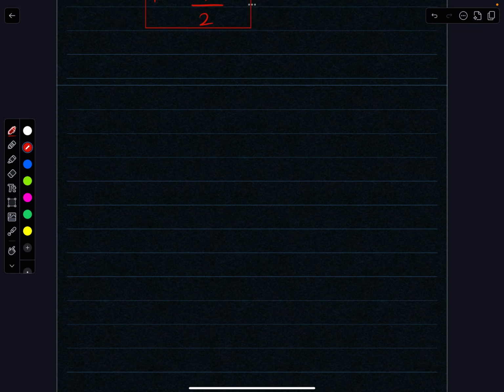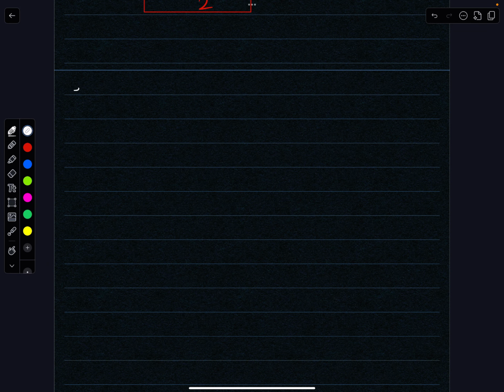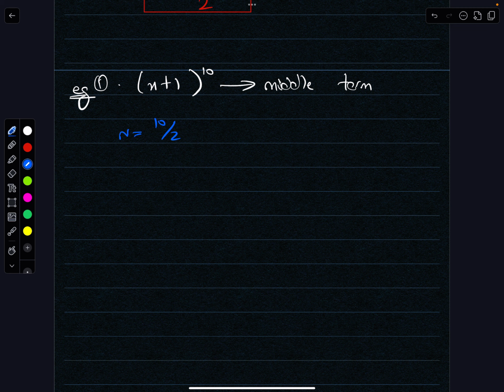So for this, let's take another example, or rather a few more. Let's have x plus 1 to the whole power 10. And we are asked to find the middle term. So in this case, the value of r would be half of 10, and it turns out to be 5.